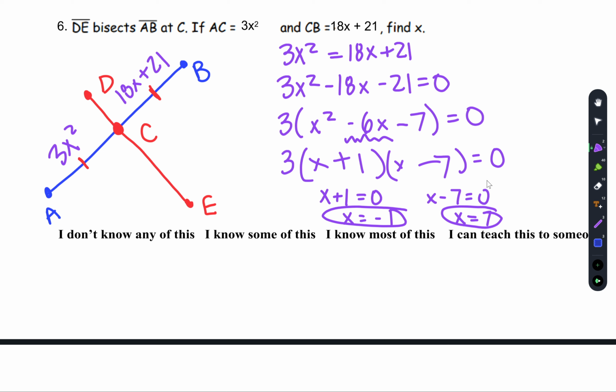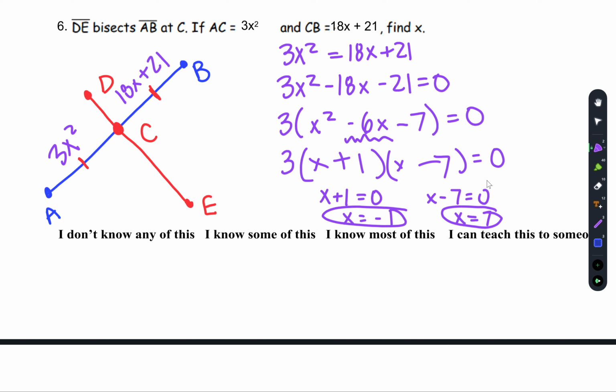3 times negative 1 squared. Well, negative 1 squared cancels out that negative. I know that's going to be a positive number. 18 times negative 1, negative 18, plus 21. I'm in the positive. I'm good there. That one is okay. I check the other one just to be sure. I know 3 times 7 squared is going to be a positive. 18 times 7 plus 21, also going to be a positive. Both of those answers work this time.